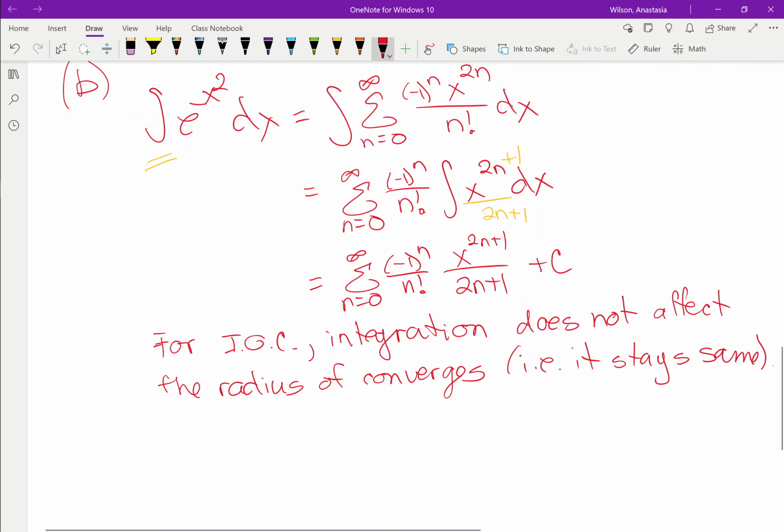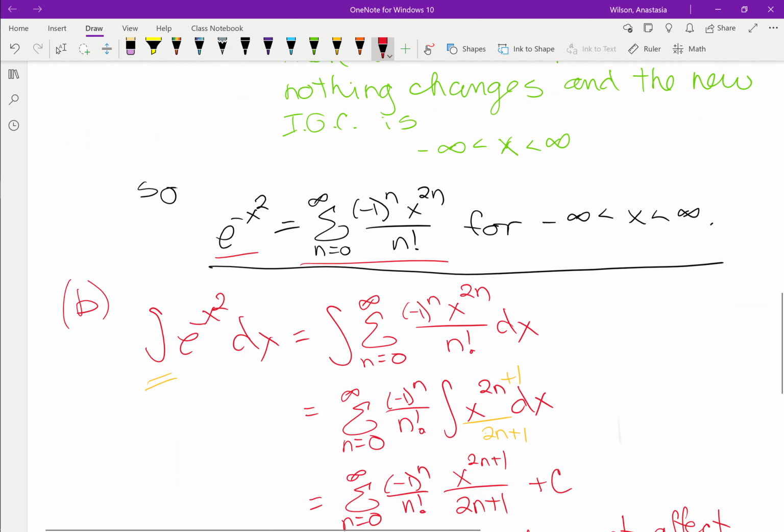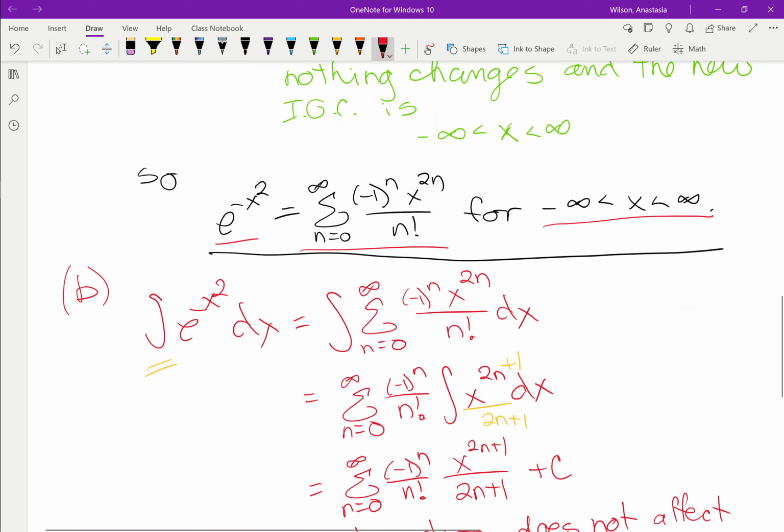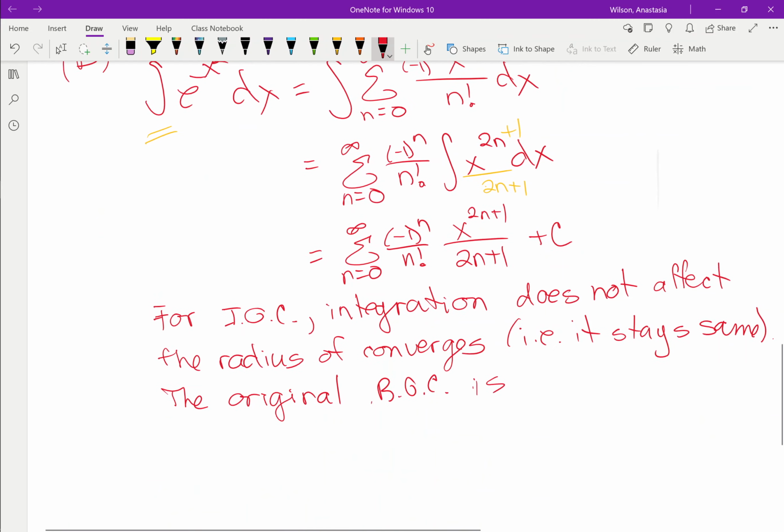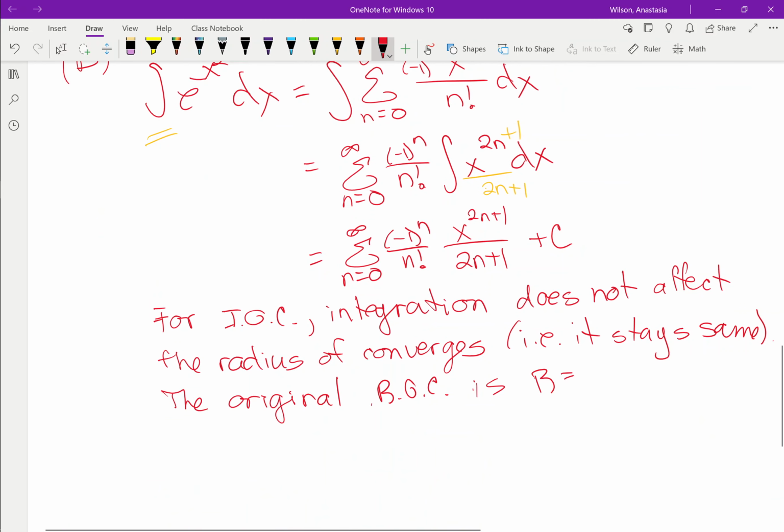In this case, the original radius of convergence, which I will abbreviate this time, is, if we look at our interval of convergence that we started with in this case, which is what we ended up with in part A, if our interval of convergence is from negative infinity to positive infinity, that must mean that our radius of convergence is infinity. So our radius of convergence is r equals infinity.